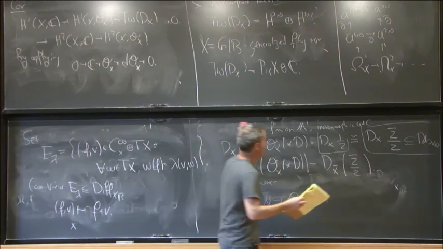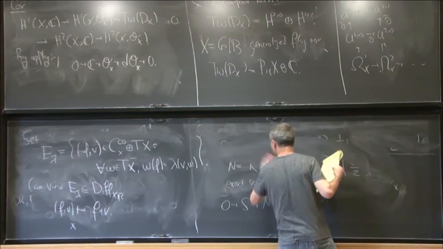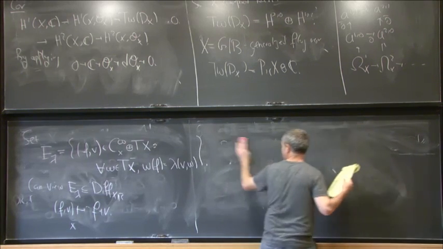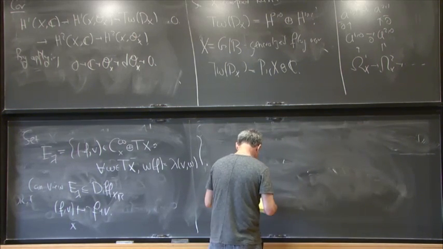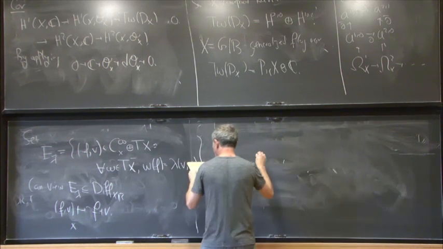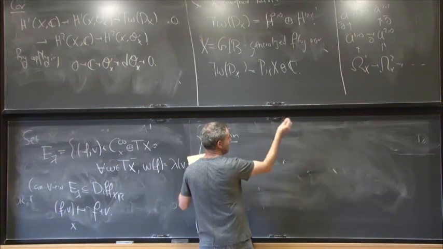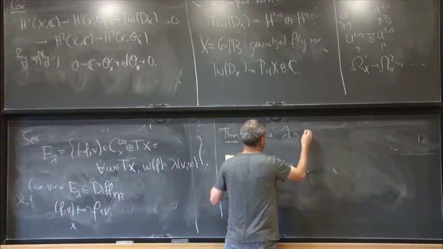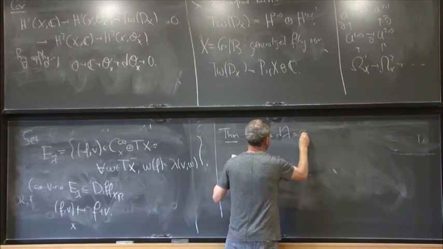Okay, and now I want to say a theorem. Suppose lambda is as above, so d lambda is equal to 0.